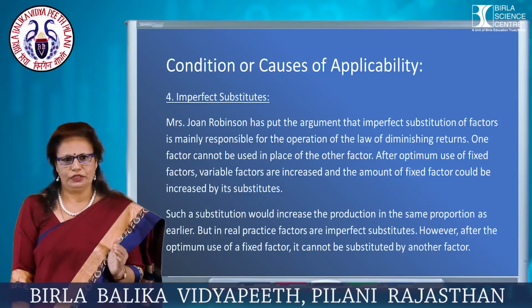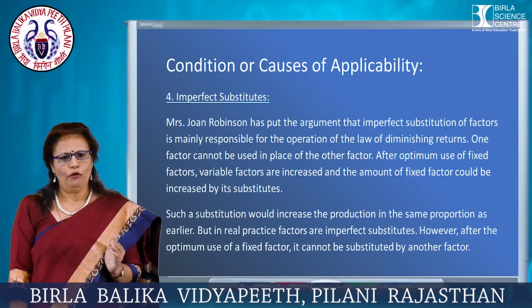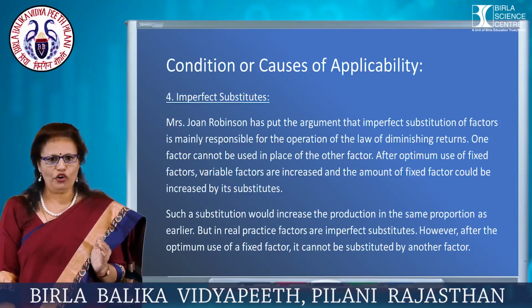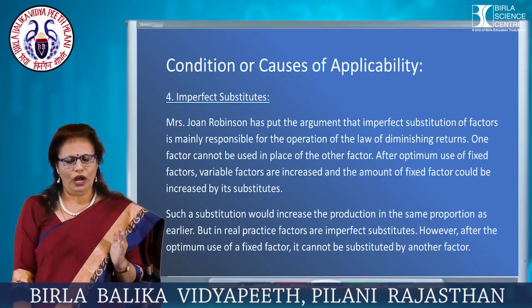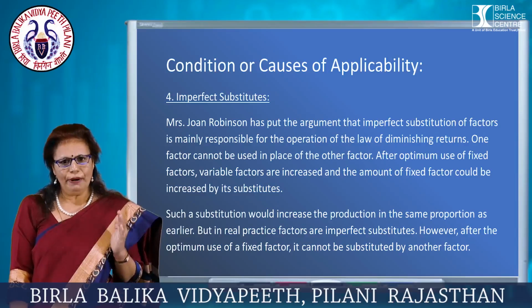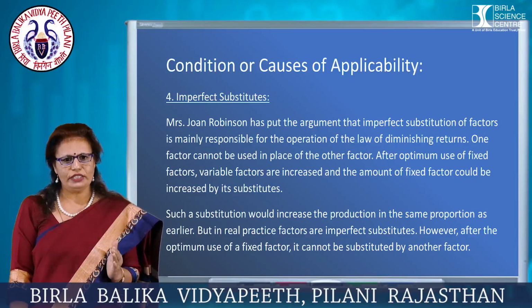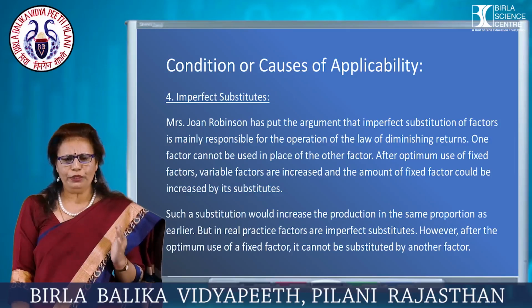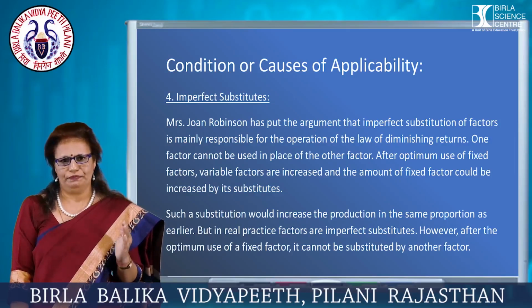Imperfect substitutes. Mrs. Joan Robinson has put forth the argument that imperfect substitution of factors is mainly responsible for the operation of the law of diminishing returns. One factor cannot be used in place of another.